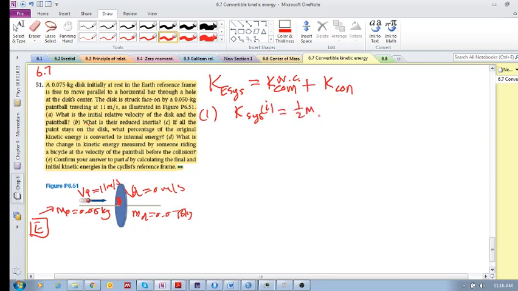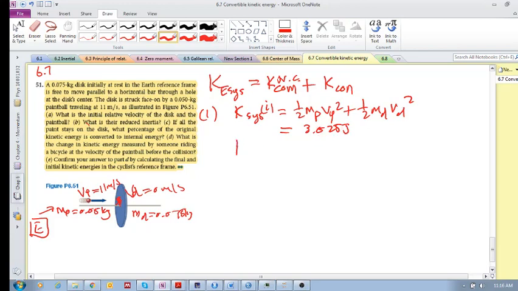There's nothing new here: half m_p v_p squared plus half m_d v_d squared. That is the kinetic energy before collision. We've got the inertias and the velocities, and this comes to 3.025 joules.